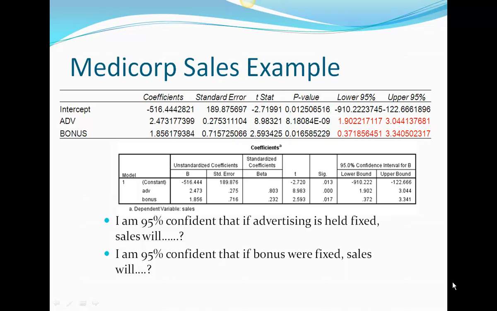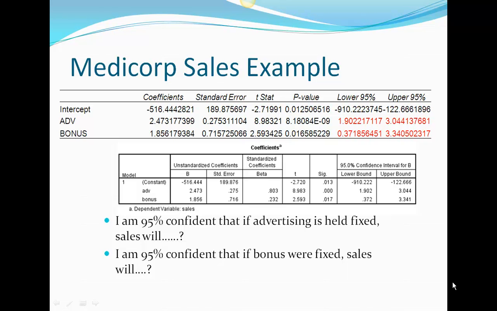And for bonus, I can say I'm 95% confident that for every $100 increase in bonus, sales will increase by $371, roughly $372 if I round, and $3,340 ceteris paribus. So that's my interpretation there.